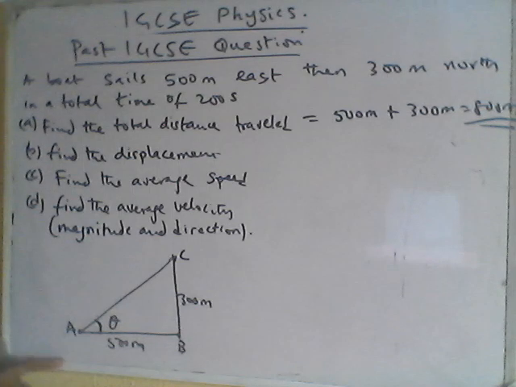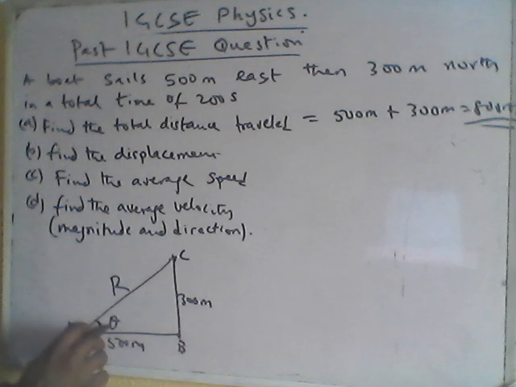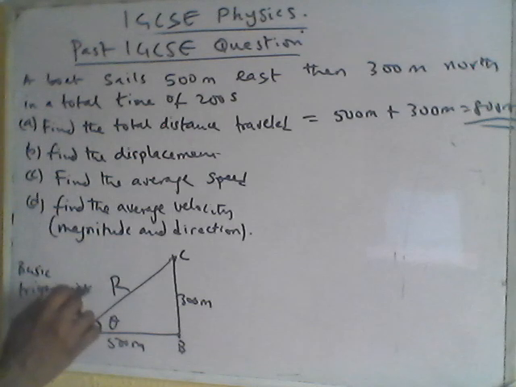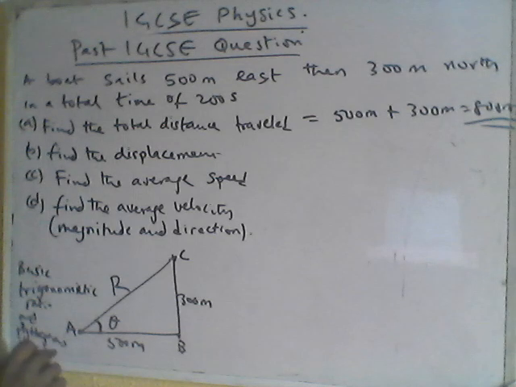Let me call AC R, and theta is the tan inverse of 300 over 500, from your basic trigonometric ratio and Pythagoras theorem. So I'm combining these two mathematical concepts to get distance AC and angle theta.